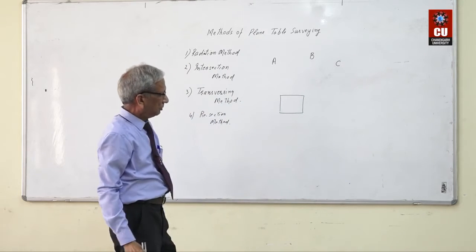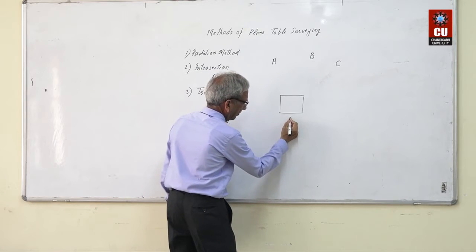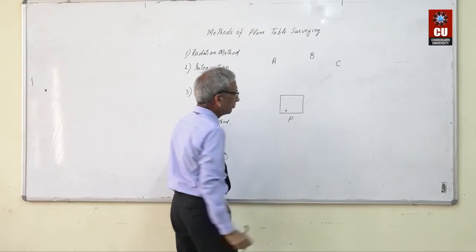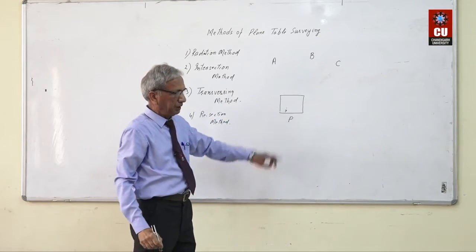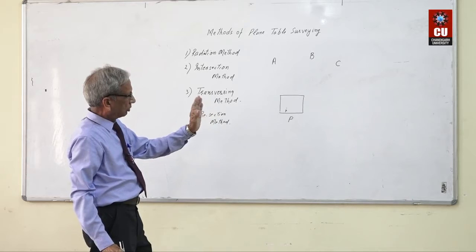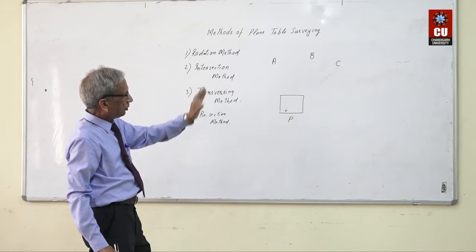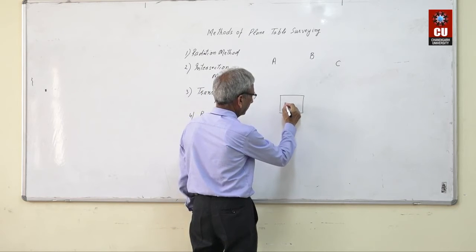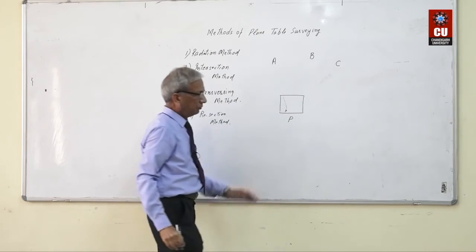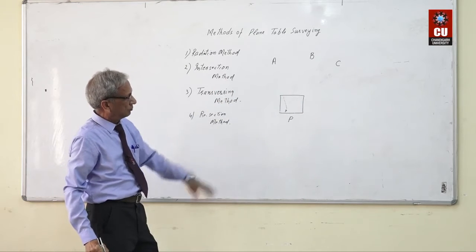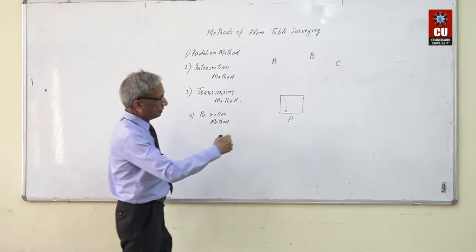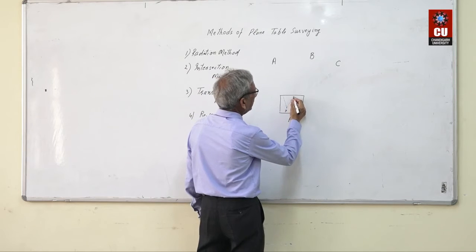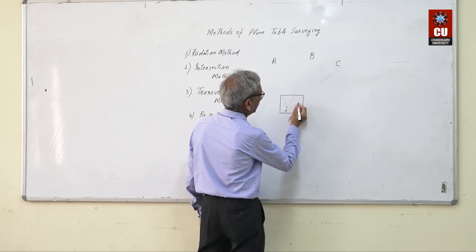We have set the table at point P. Place the alidade at point P, rotate it such that point A is bisected. Then we will draw a line towards A. We will not measure the distance PA. Now similarly, with the alidade, we will mark the lines towards B and towards C.